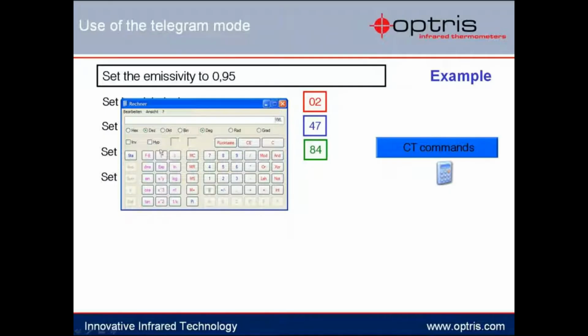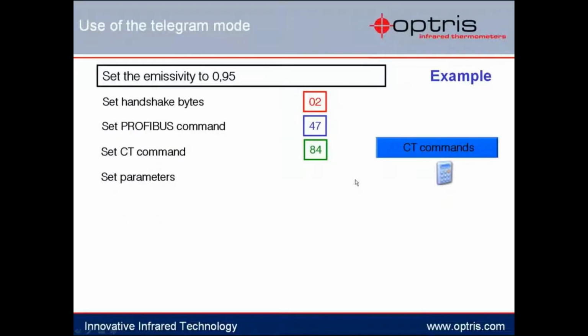950 as a decimal digit is 03B6 as a hexadecimal figure. 03B6 will therefore be our next two bytes which will follow in the telegram.